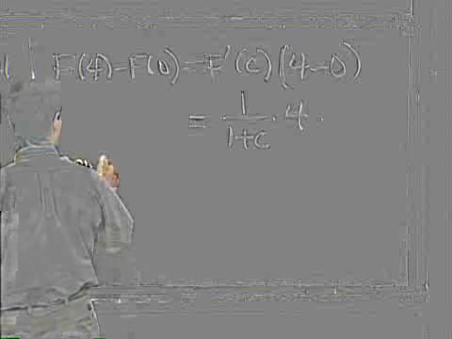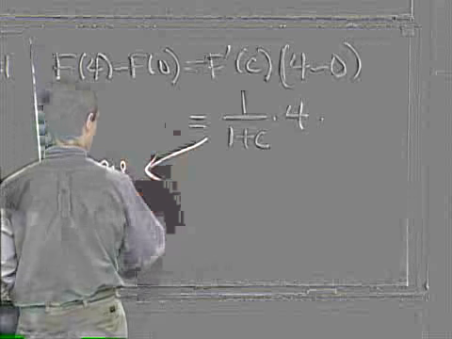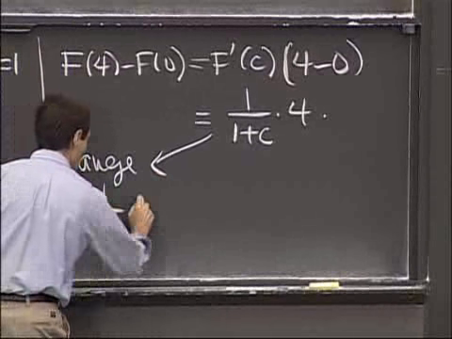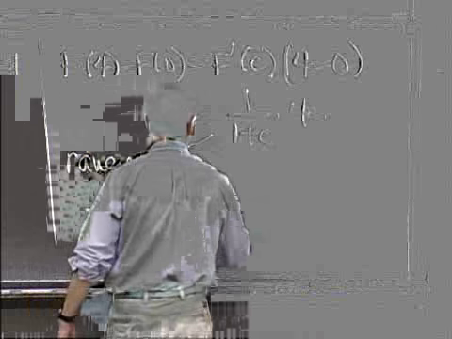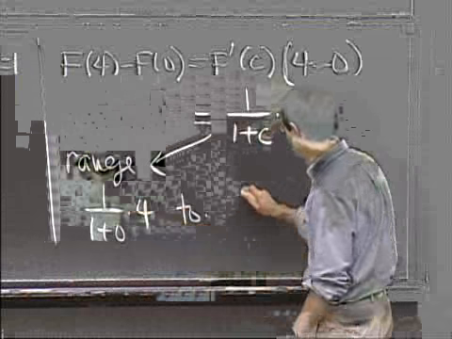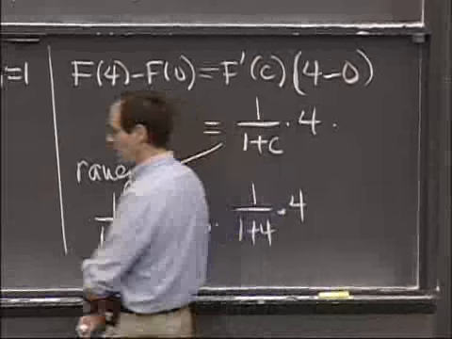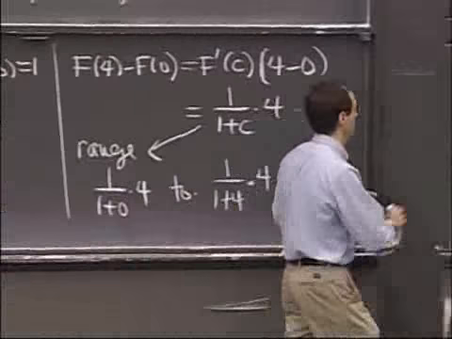And so the range of values of this number here is from 1 over 1 plus 0 times 4, that's 4, to, that's the largest value, to the smallest that it gets, which is 1 over 1 plus 4 times 4. All right, that's the range.